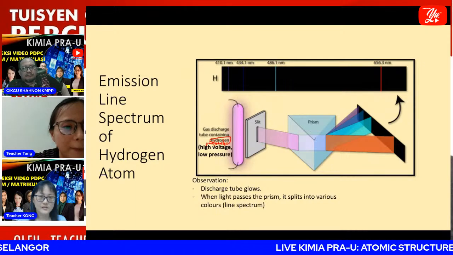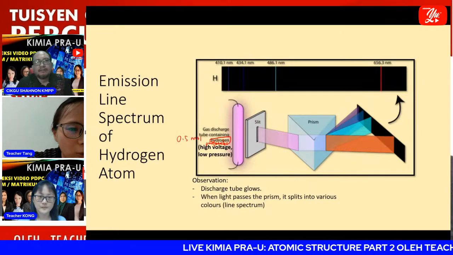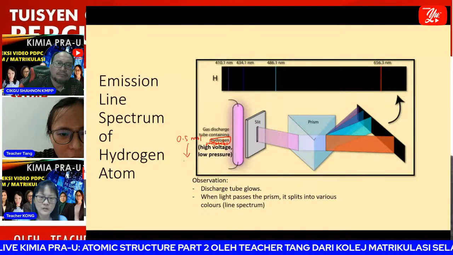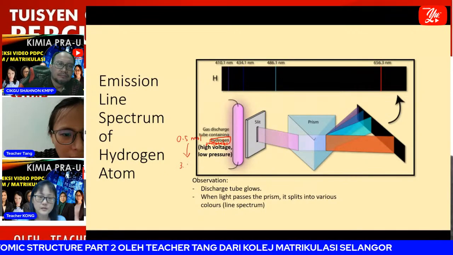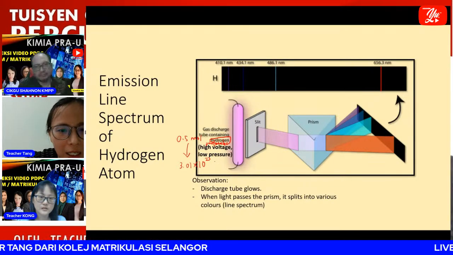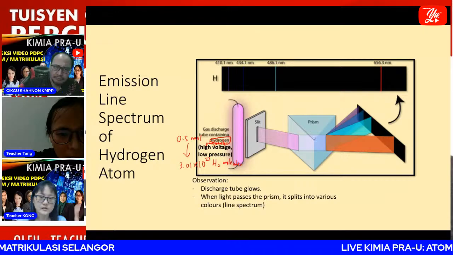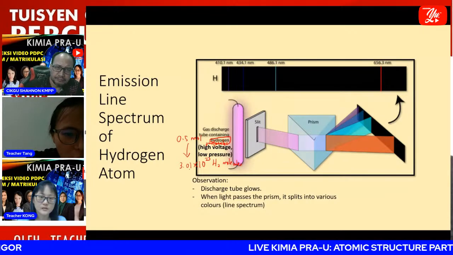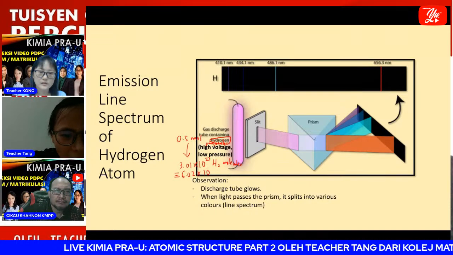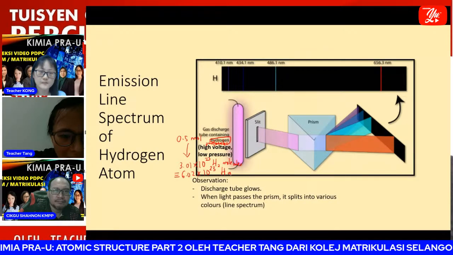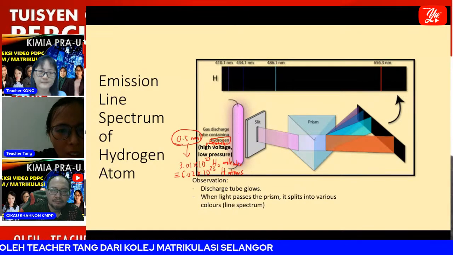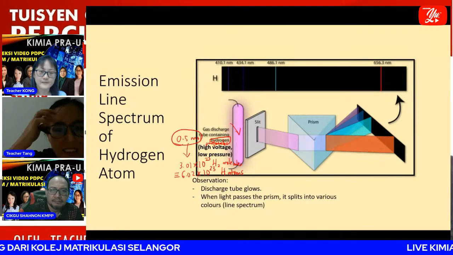For example, if they are putting 0.5 mole of hydrogen molecules, it is equivalent to 3.01 times 10 to the power of 23 hydrogen molecules, and that is equivalent to 6.02 times 10 to the power of 23 hydrogen atoms, if we are putting 0.5 mole into the discharge tube to do the experiment.